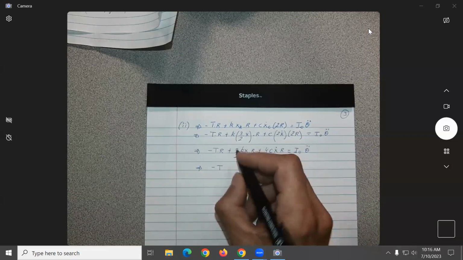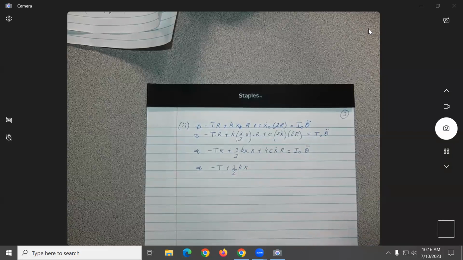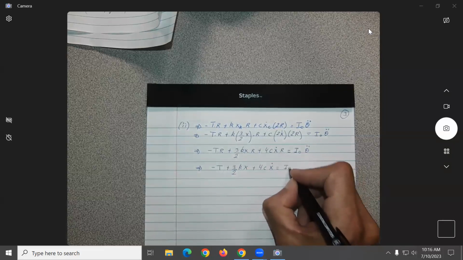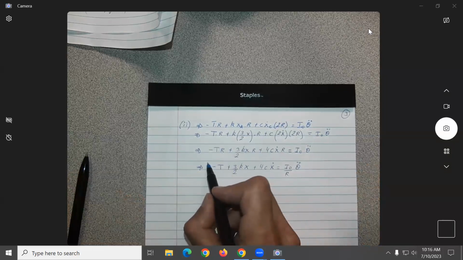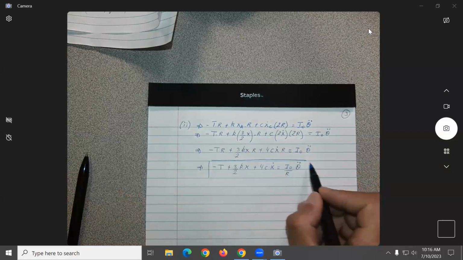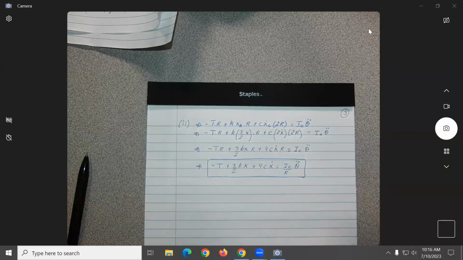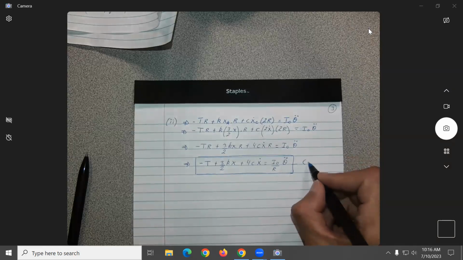So I will give you minus t plus 3/2 of k x plus 4c x dot equal to I sub naught over r theta double dot. Okay, this will be our equation 2.